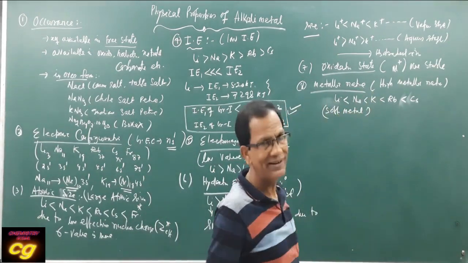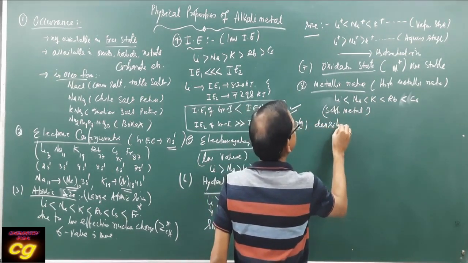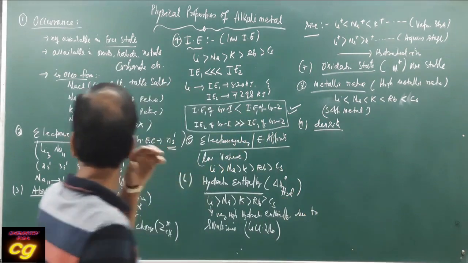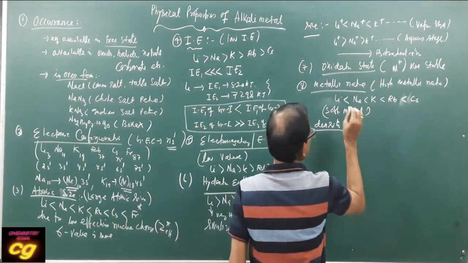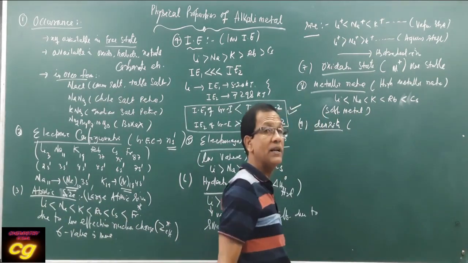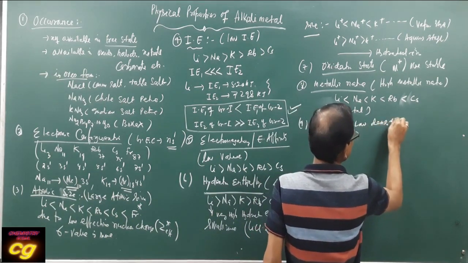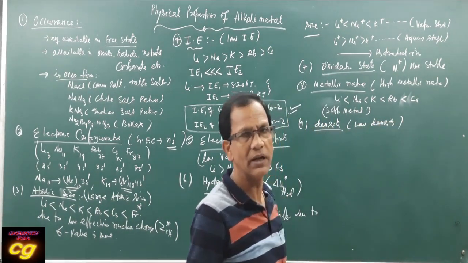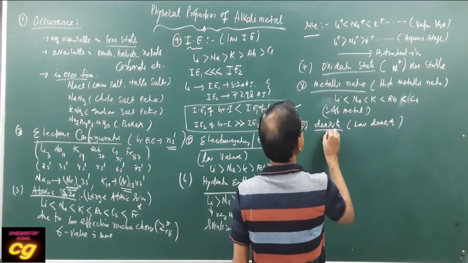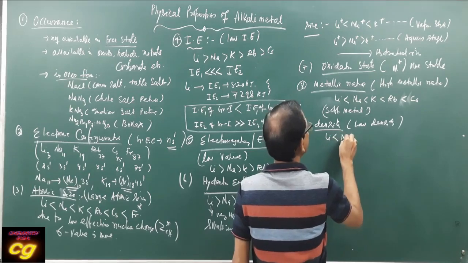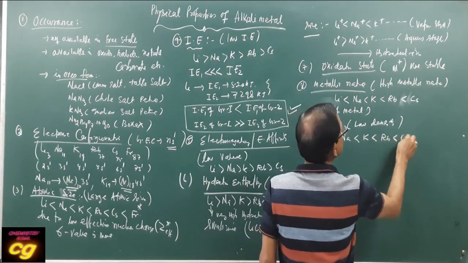And if you compare the density, generally alkali metals have low density compared to other metals, transition metals, lanthanides and actinides, but density increases down the group. Lithium less than sodium, less than potassium, less than rubidium, less than cesium.